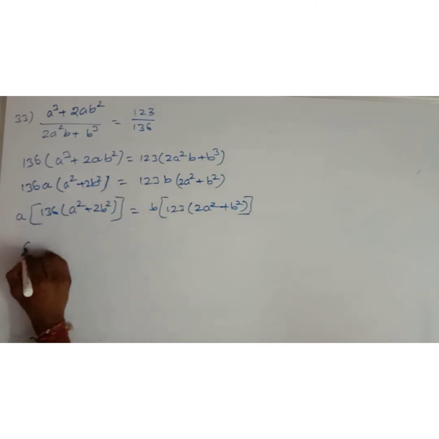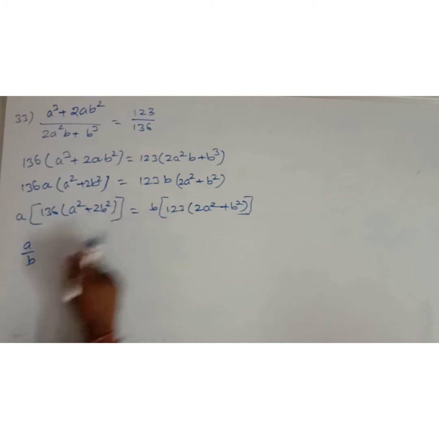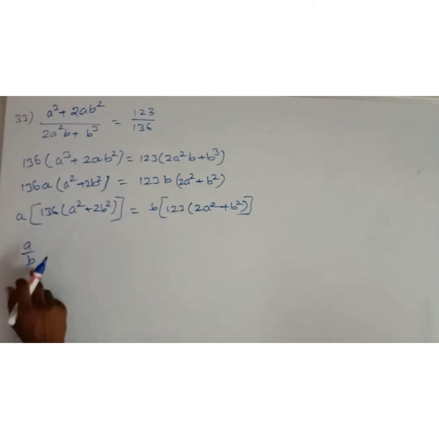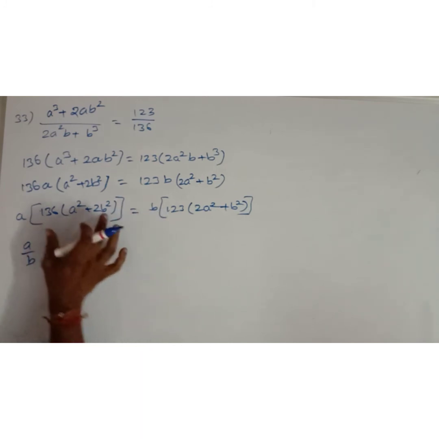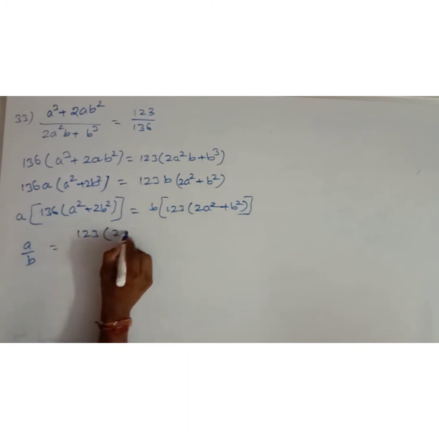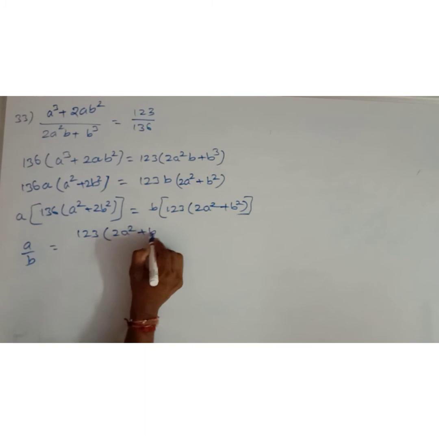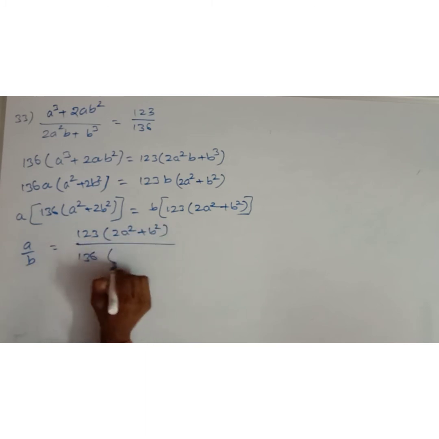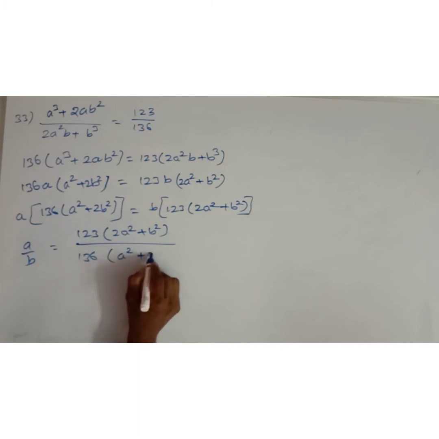Now I am bringing this b to the left side, that is a by b is equal to, taking this to the right side, 123 into 2a square plus b square by 136 into a square plus 2b square.